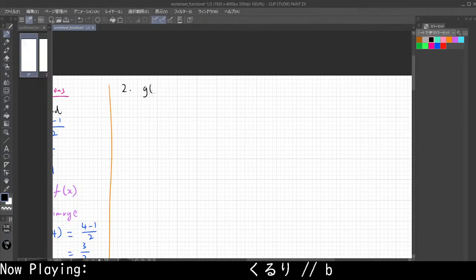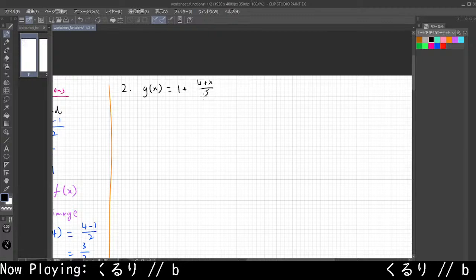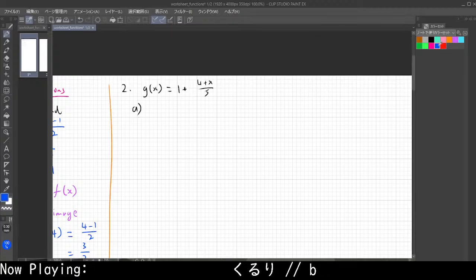Okay. So your A wants to find the object of 6. Again, object is your x. You are given 6. 6 will be your image, which will be your f(x).